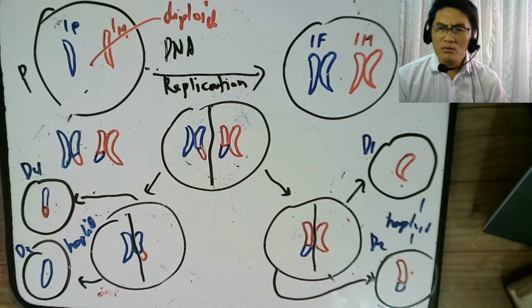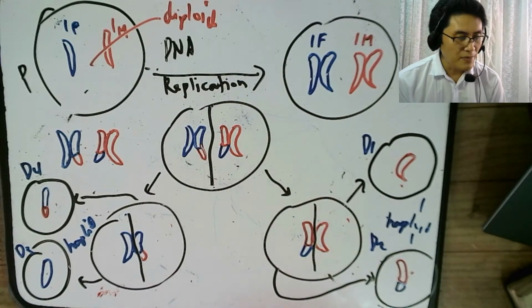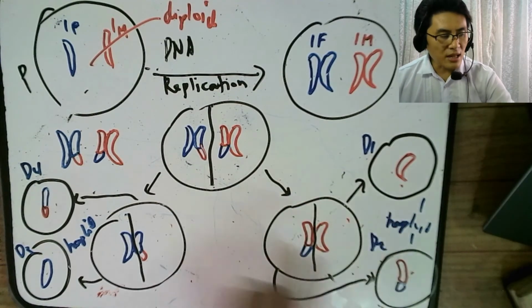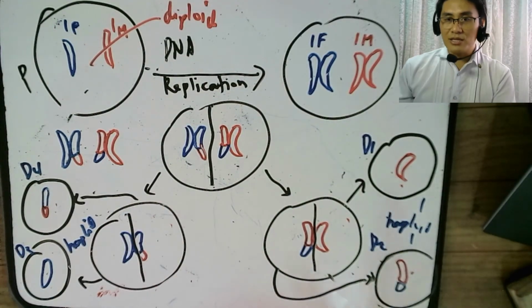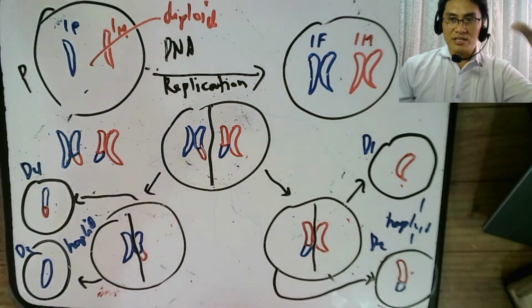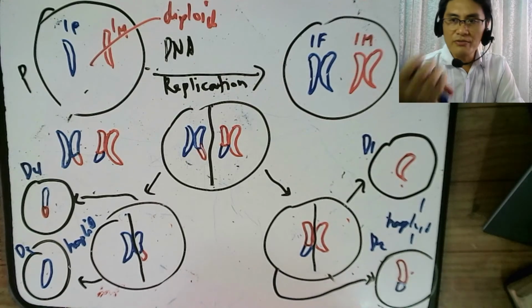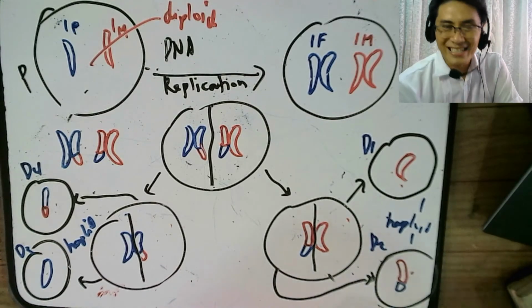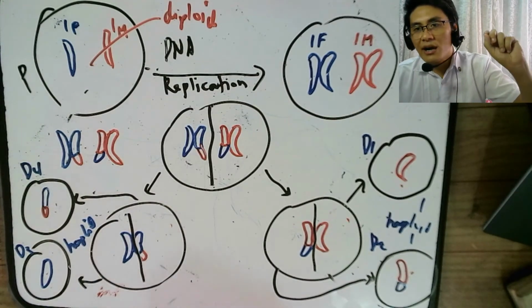And if you're wondering, why is that important, sir? Well, think about it. If sperm cells produced in meiosis were identical, just like in mitosis, where the cells are identical, that means all the sperm cells coming from your father would be identical, and all the egg cells coming from your mother would be identical.